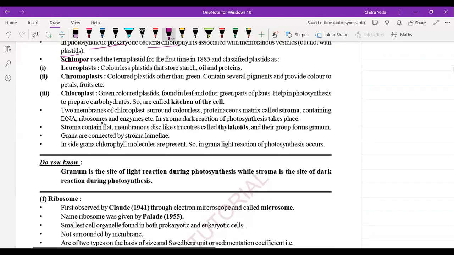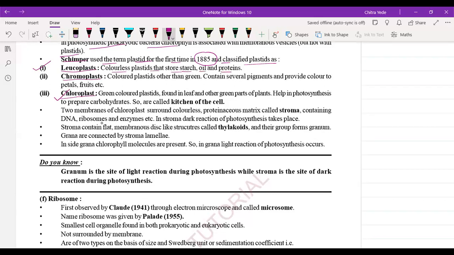Schimper used the term plastid for the first time in 1885, and classified plastids as leucoplast, chromoplast, and chloroplast. Chloroplast is green. Leucoplast is colorless, and it stores starch, oil, and protein.